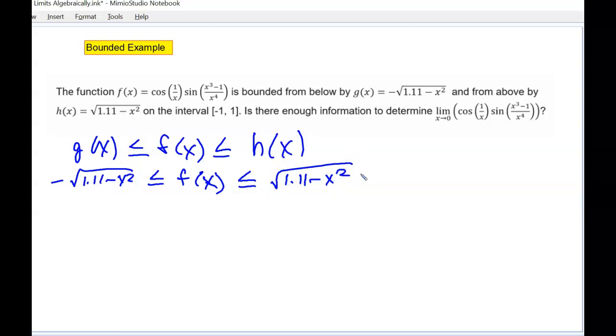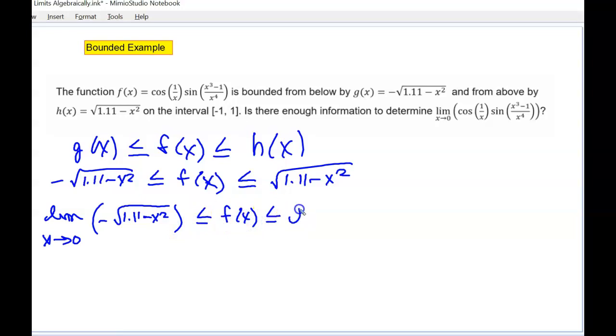So now I'm going to take the limit as x approaches 0 of the negative square root of 1.11 minus x squared is less than or equal to f of x. Oh, sorry, I should put the limit in there as well.